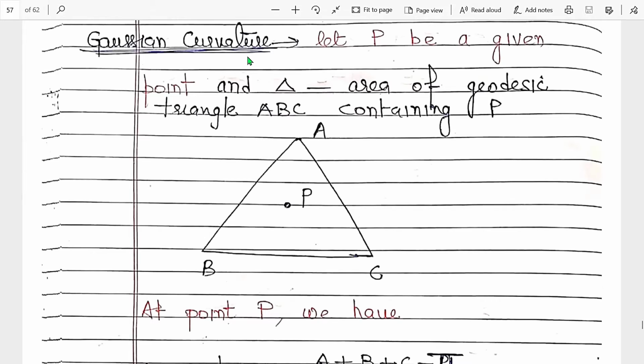And similarly, what is Gaussian curvature? So that is the definition. Let P be any given point, and this is the area of a geodesic triangle ABC. ABC is a geodesic triangle, and this is the area, and P is a point inside this triangle.